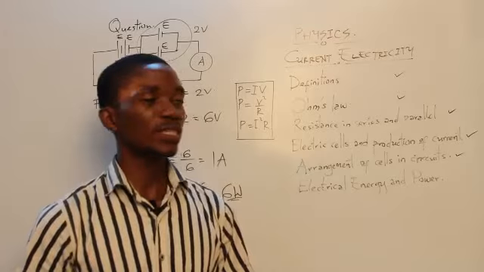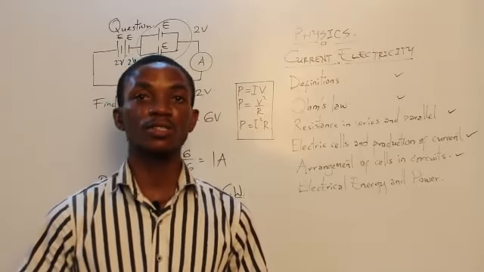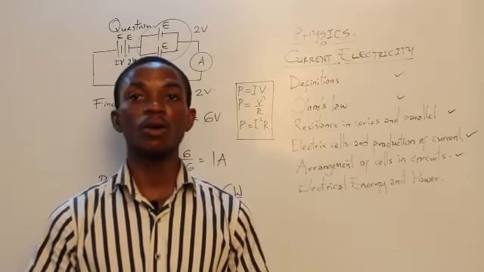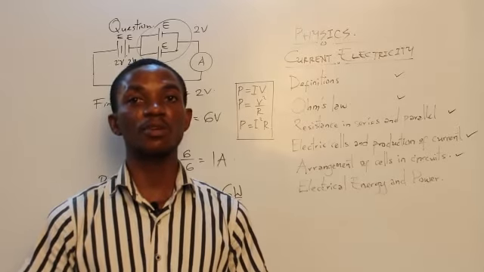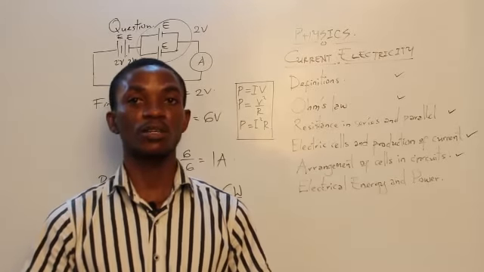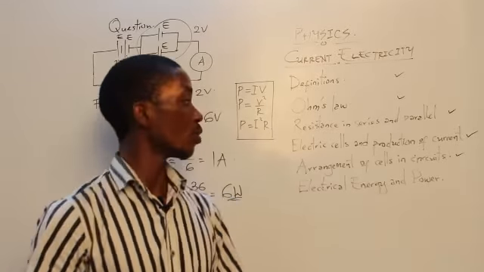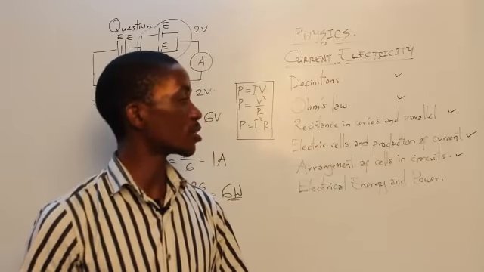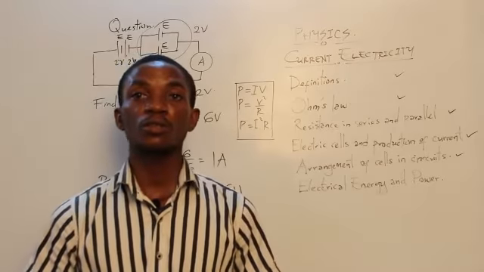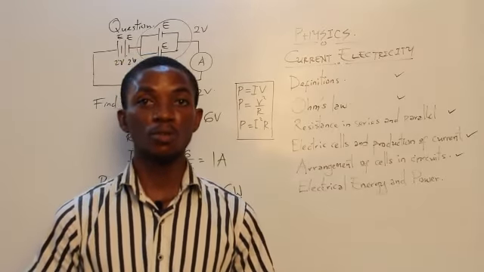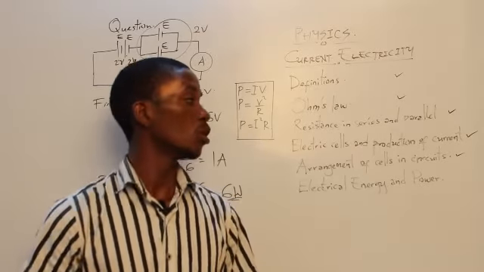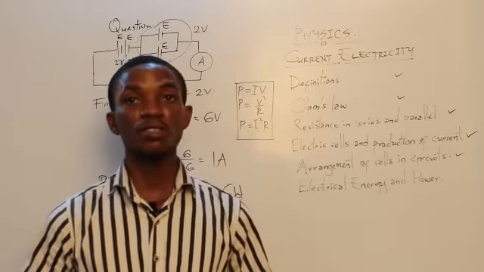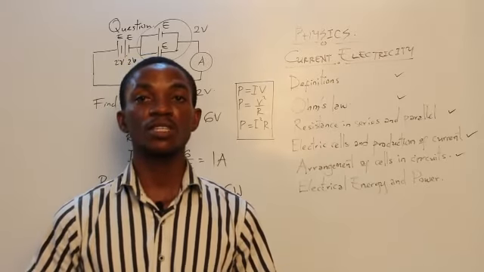We considered resistance in series. When resistances are connected in series, you add them all up. And when resistances are connected in parallel, you add their reciprocals to get the reciprocal of their total. We also talked about electric cells, where we mentioned primary and secondary cells. Primary cells are non-rechargeable, while secondary cells are rechargeable. We talked about the production of currents, where we mentioned 4 different processes that we can use.